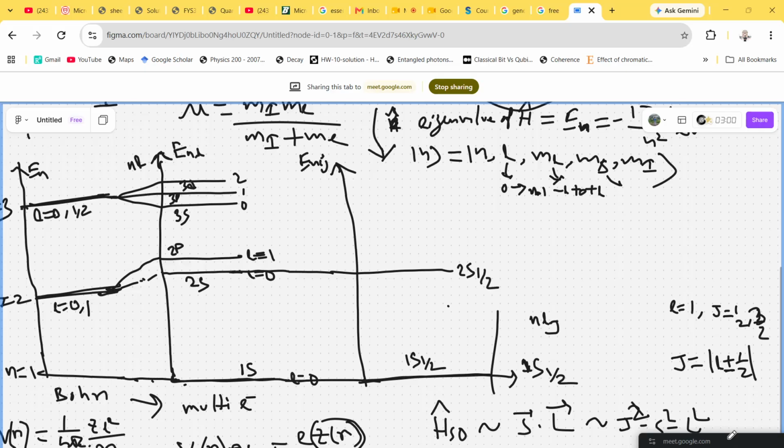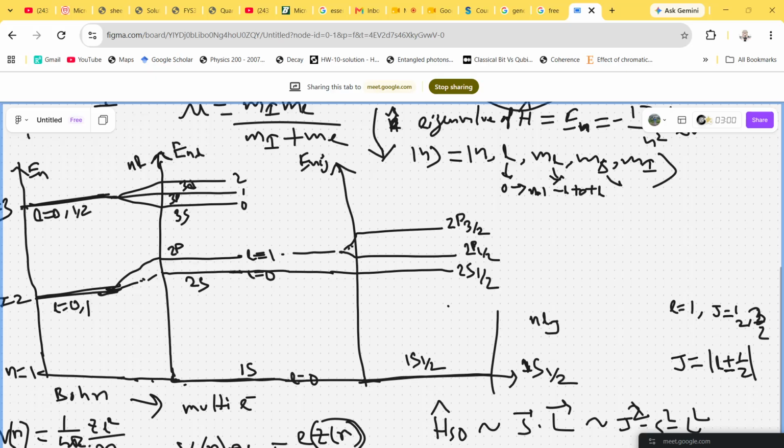So now L will break into two terms and the notation will be 2p half and 2p 3 by 2.